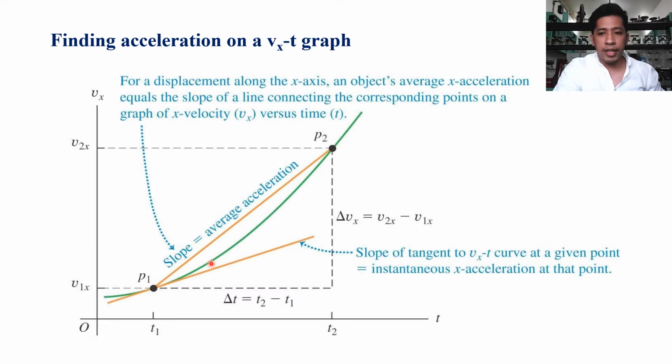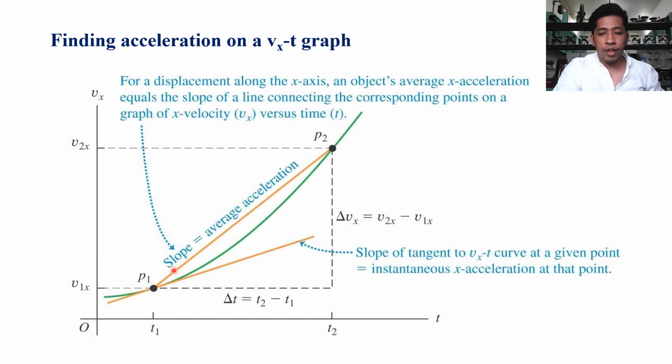When talking about the average acceleration for two specific points, like say for example at point 1 and then at point 2, the average acceleration is equal to the slope of the line connecting the two points here. So you have this line here, and then you get the slope of this line. This is equal to the average acceleration.